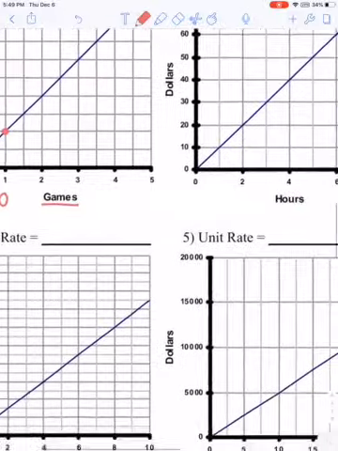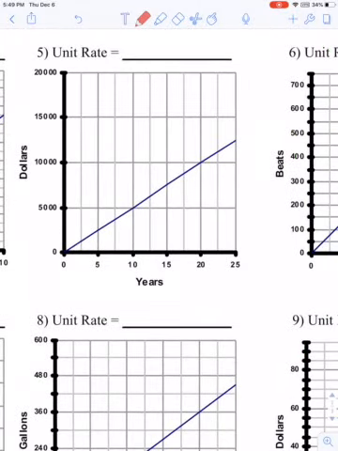Then we're going to shift to number 5. Number 5, we're going to write our units, so it's dollars per year. My dollar sign's in front because that's where you write a dollar sign, in front of a number. And then I'm going to fill in this space with our slope. So I'm going to find my slope starting at the origin.